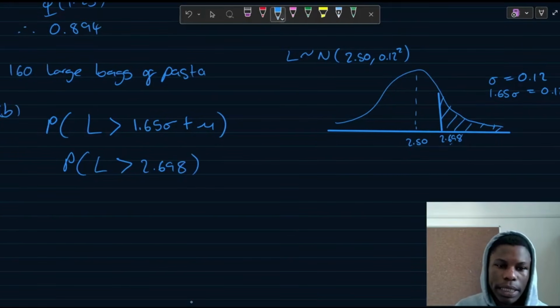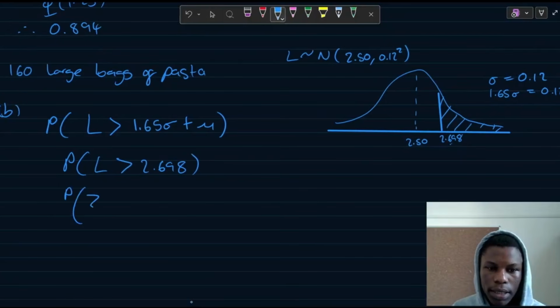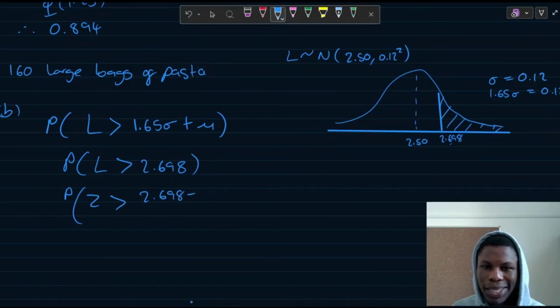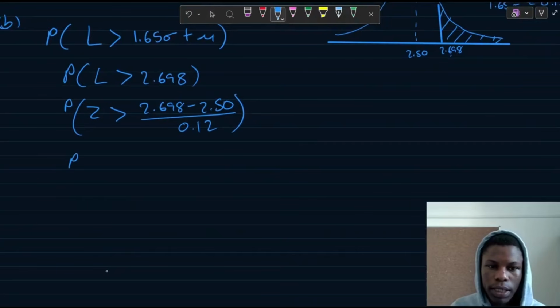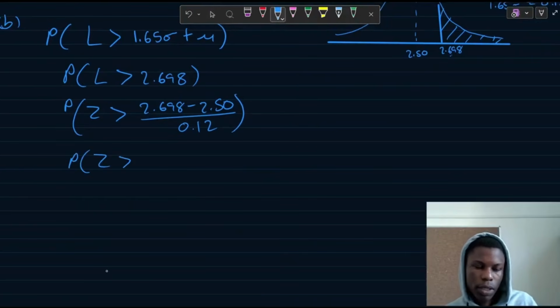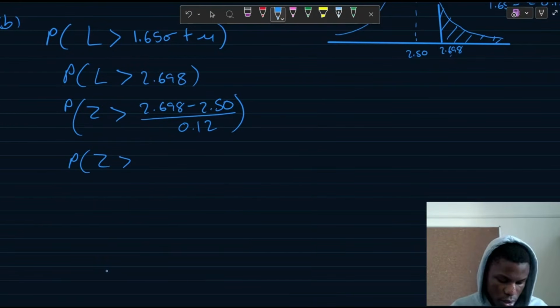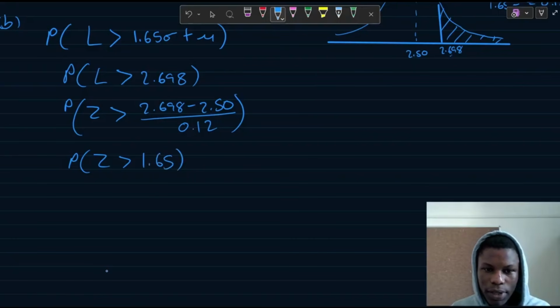And then we can go ahead and standardize this. So Z is greater than 2.698 minus our mean, which is 2.50, divided by sigma, which is 0.12. If we punch this into the calculator, 2.698 minus 2.5 over 0.12 is 1.65. I can write this as 1 minus phi of 1.65.